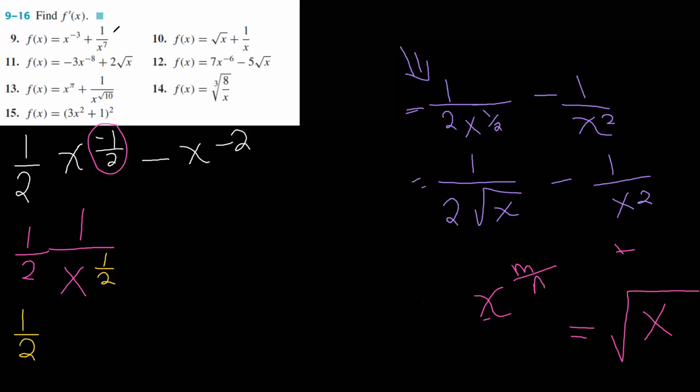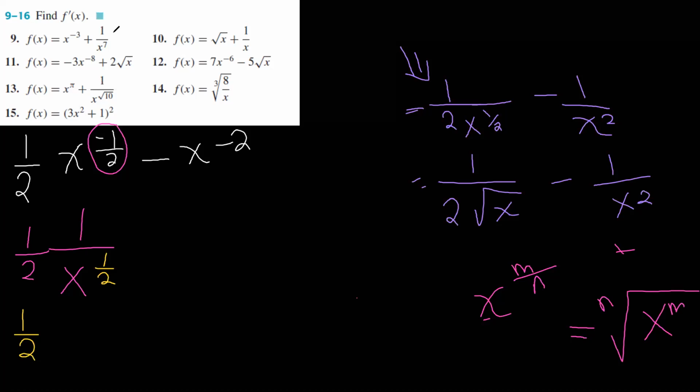Here you have to write the reciprocal of it. I mean, if m is up, here it will be down. And if n is down, here it will be up. So it will be the nth root of x raised to the power m.